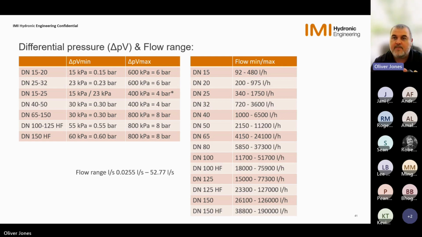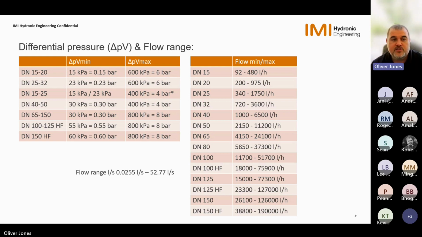This is because the diaphragm is a plastic rather than a fully A metal diaphragm that goes into the higher temp, higher pressure. 40 to 50, we're at 30 kPa minimum and a maximum of 400. And then, as I said, 65, exactly the same, a minimum differential of 30 up to 800 kPa.